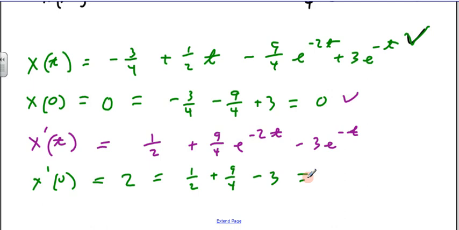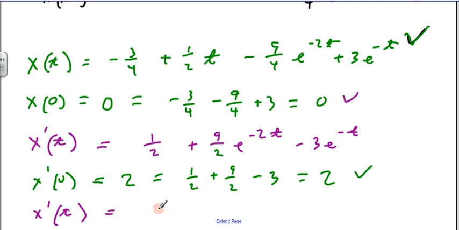That's 11/4 minus 12/4. That's not 3. What's happening here? Oh, this is a 2 and this is a 2. Okay, so I've got 9 halves, 10 halves, which is 5, minus 3 is 2, it checks. Well, that was convenient.